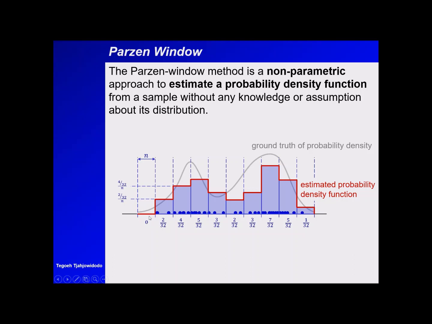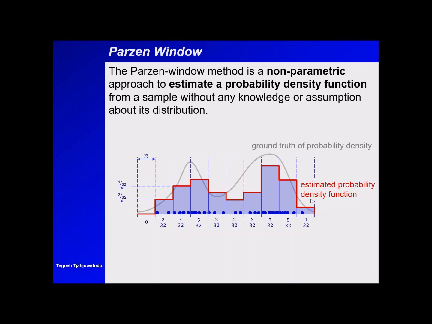Obviously, if you have more samples from the population and you split them into more regions, you will have a finer step-like function, and I expect it will resemble more the real probability density function of the population, right? That's pretty intuitive, isn't it? You have more samples, discretize it even finer, and then you can approximate the probability density function of the population.